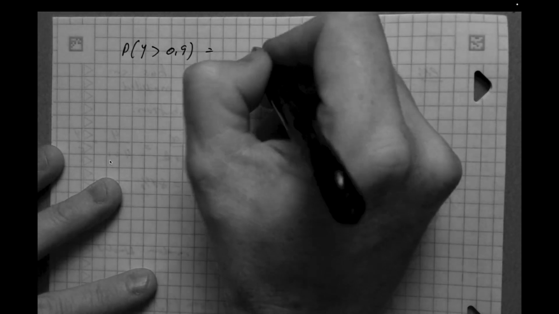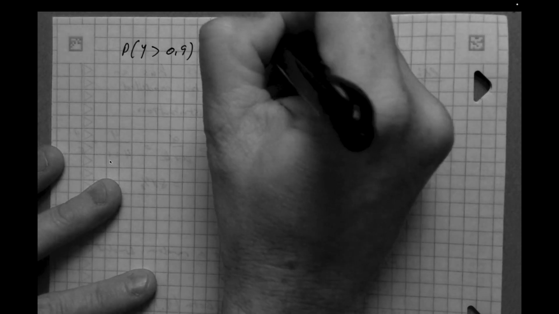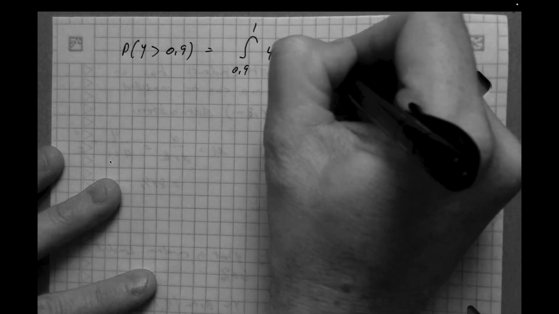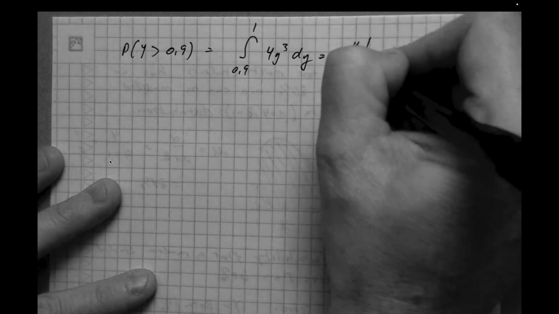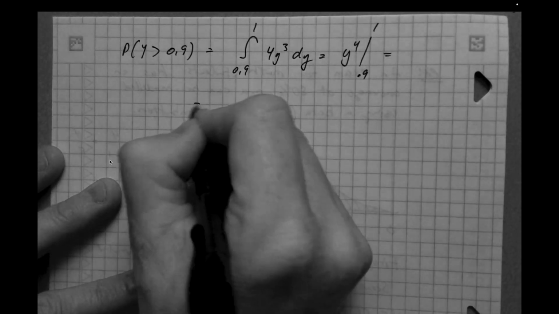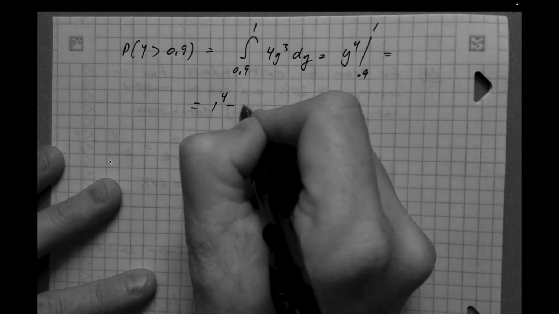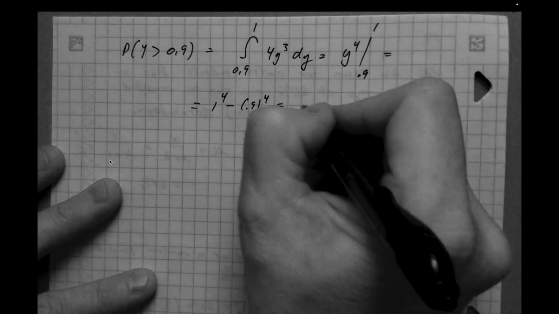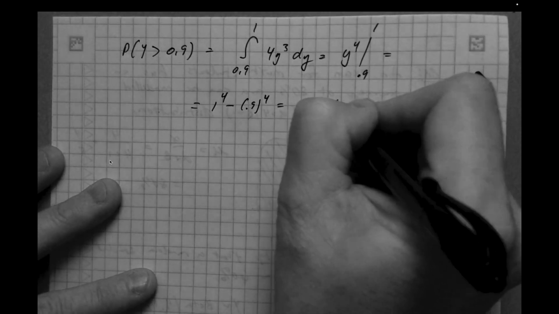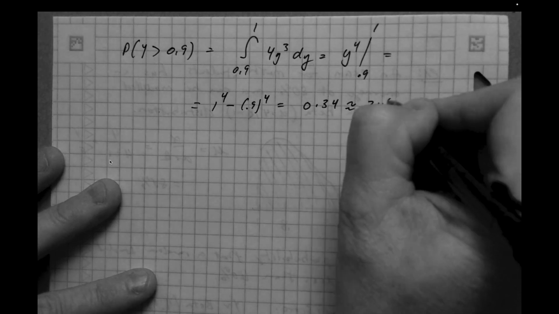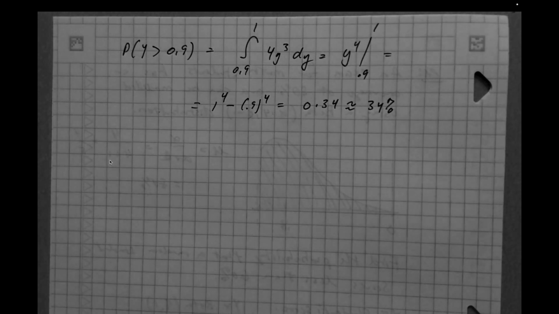Well, that's just the integral from 0.9 up to 1 of 4y cubed, which is y to the 4th power from 0.9 up to 1, which is 1 to the 4th minus 0.9 to the 4th. And so you get something like 0.34. So about a 34% chance. It had a high average of 80%, so that makes sense.